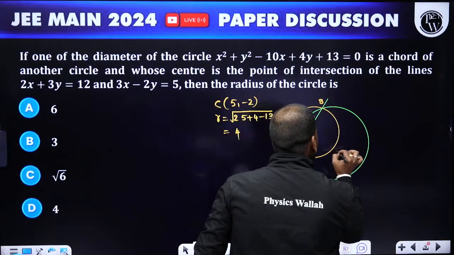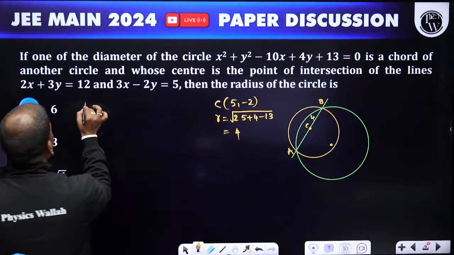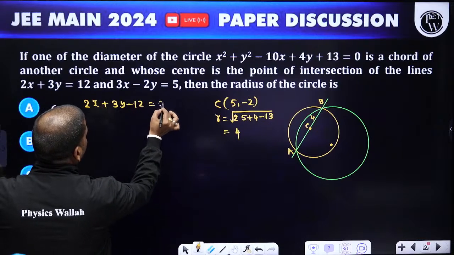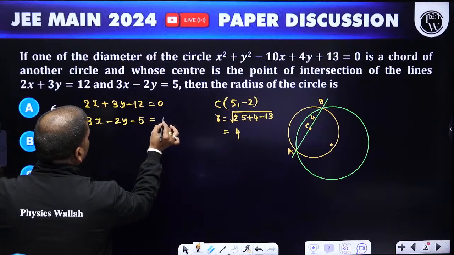The other circle's center is the point of intersection of the lines. So this center is also given. How do you find the point of intersection of these two lines? 2x plus 3y minus 12 is equal to 0, 3x minus 2y minus 5 is equal to 0.